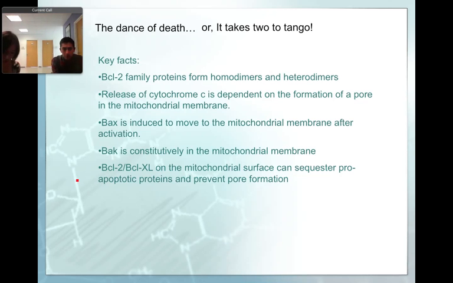Okay. And then also on the membrane, because I said this is a battle, we have BCL2 and BCLXL that you saw in that last slide. Picture them as sponges or interceptors. Their job is to bind to the pro-death things and prevent them from interacting with each other.